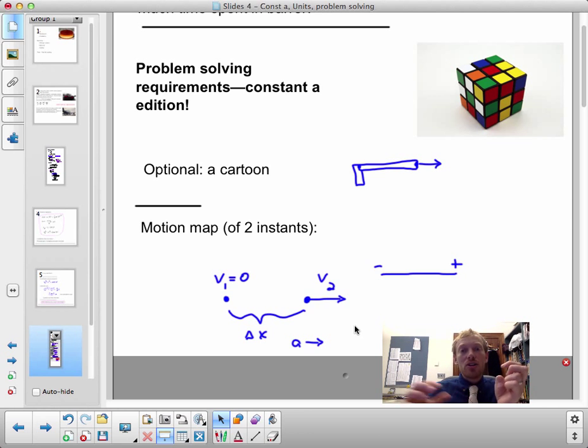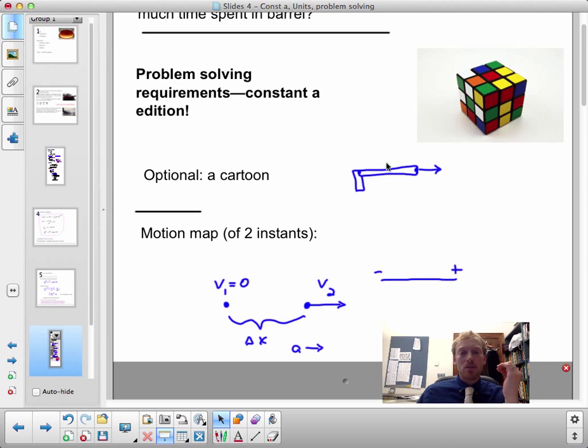In particular, you're getting rid of the numbers and talking instead of how much there is in a quantitative sense. You're talking in a qualitative sense of, is the value 0 or positive or negative and getting bigger or getting smaller? What direction? So let me talk a little bit about this motion map.